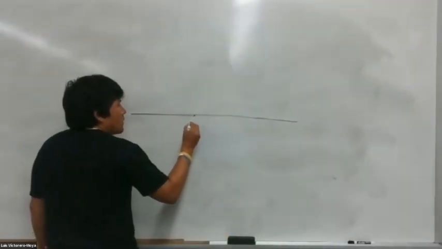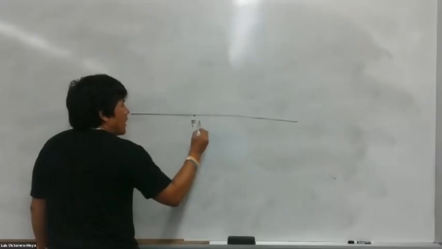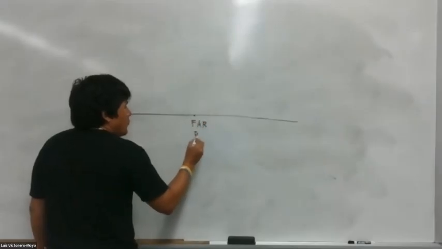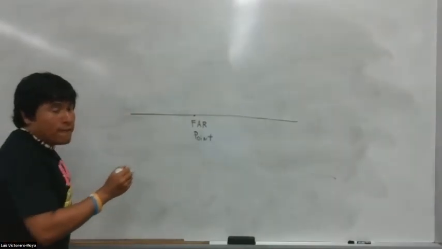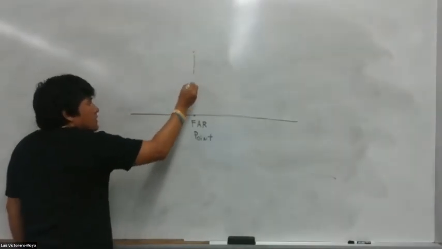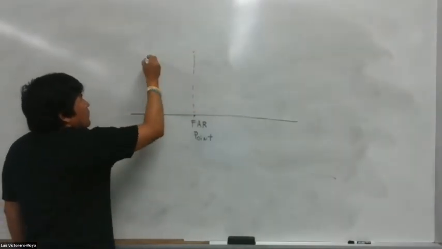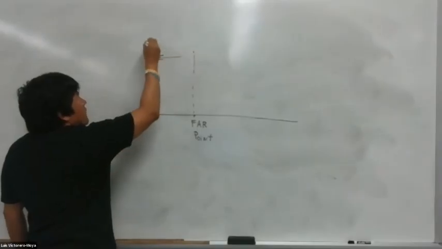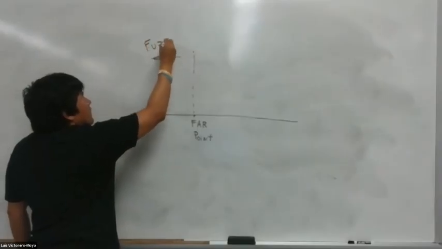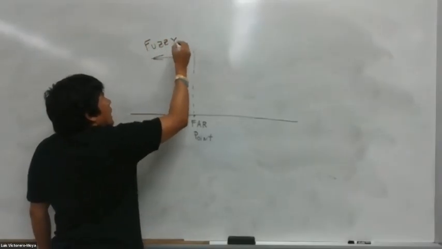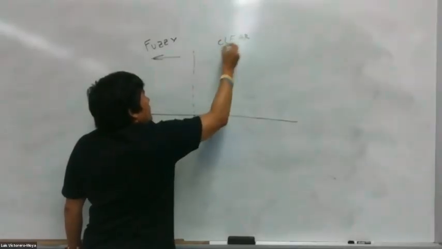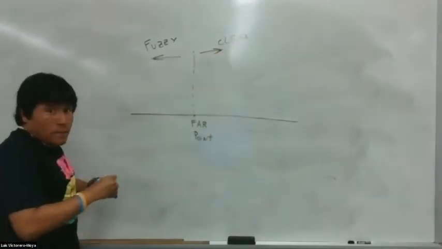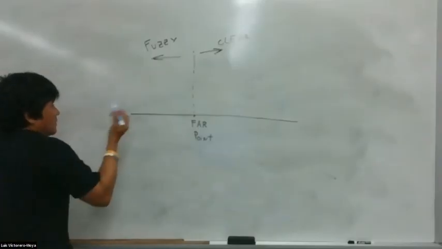Let's call it far point, because if I put an F, it will be mistaken with a focal point. So this is the boundary between fuzzy and clear. So the object is here.